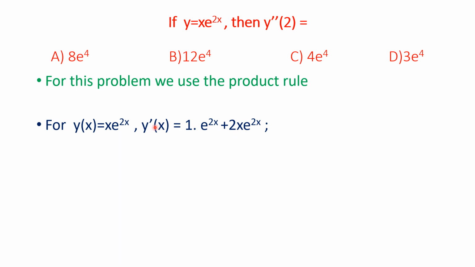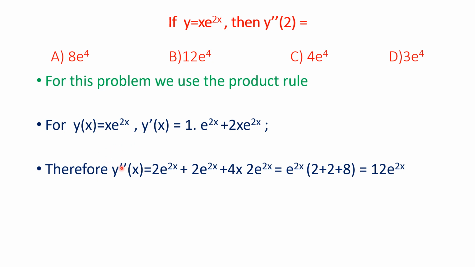To get the second derivative, we will do the derivative of the derivative. So the derivative of the derivative, or y double prime of x, equals 2 e to the 2x, because that's the derivative of the first term. It will give us the 2, so it will be 2 e to the 2x, and then product rule over here. So to start with, we'll take the derivative of x, so we'll be left with 2 e to the 2x, which is this one, plus now we leave the x and we do the derivative of e to the 2x.